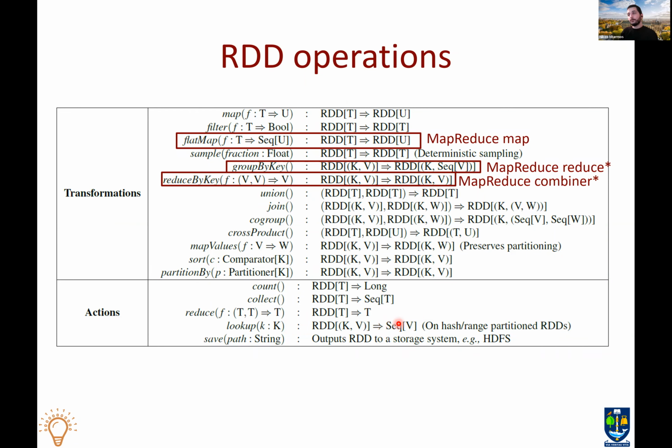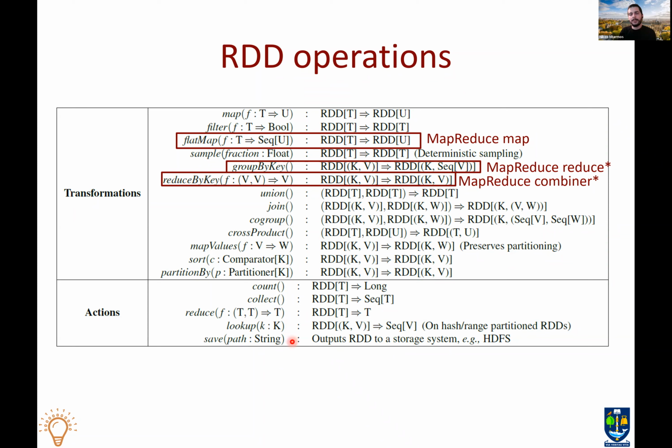Lookup will get stuff out to the driver, and save will store whatever is in the RDD to a storage system, HDFS by default, or if you're running in local mode, it could be a file on your local file system. If you're running on some cloud, it would be some storage on the cloud.